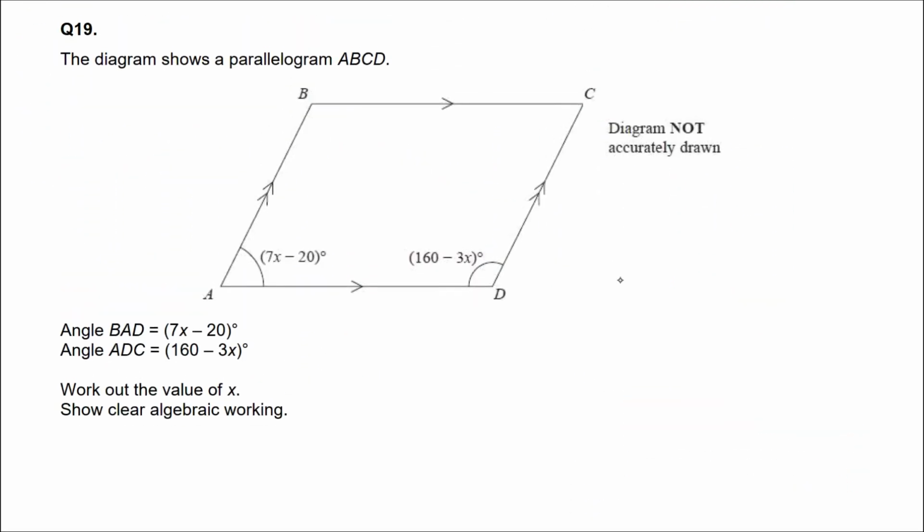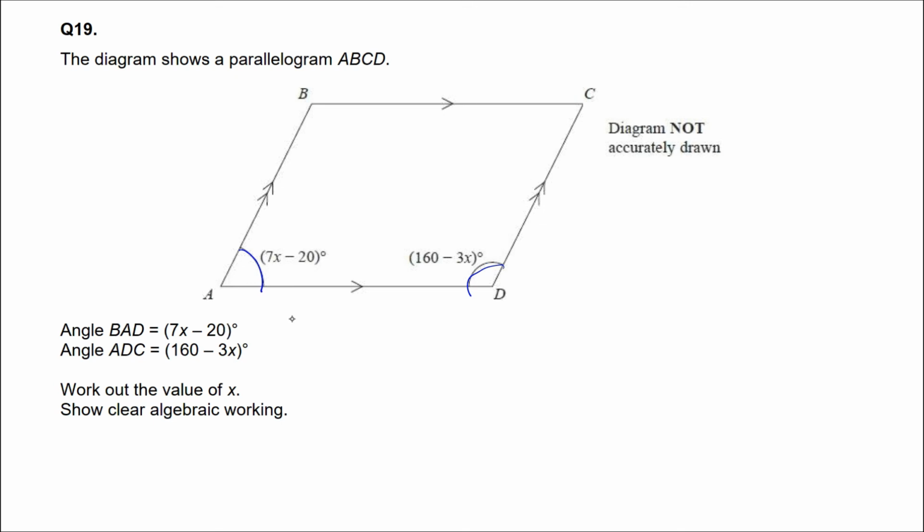So here we have a parallelogram. Again, we have parallel lines. Very important to pay attention to those parallel lines. Now, just like what I mentioned in the previous question, these two angles here are co-interior angles.